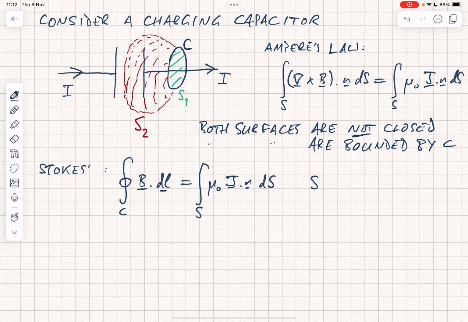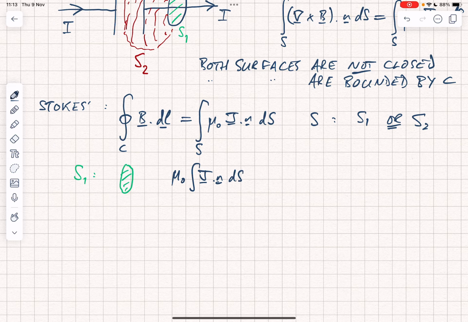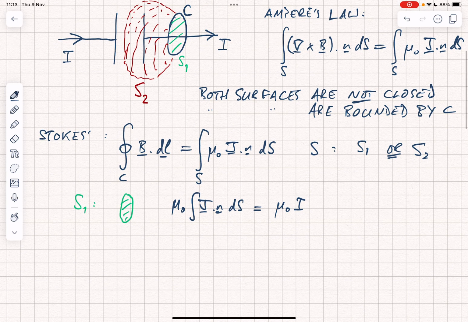And notice that S can be either S1 or S2, because both of those surfaces are bounded by the loop C. So if we are to use, let's say, S1, so let's do that in green, the surface is going to look just like this, and the current flowing through that surface is going to be I. So we'll say that mu naught times the surface integral of j dot n ds is going to equal mu naught I. Okay, we can see that because the surface is perpendicular to the current carrying wire.